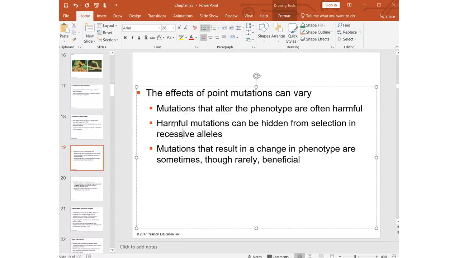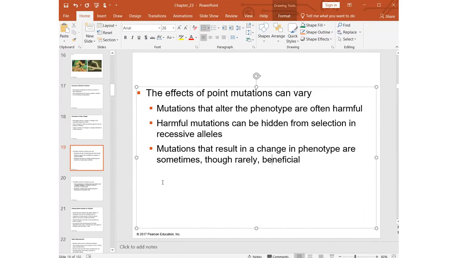So that's why they say harmful mutations can be hidden from selection if they're recessive. Mutations that cause a change in the phenotype are sometimes, admittedly rarely, beneficial. So there are a lot more harmful mutations than beneficial mutations. But natural selection is sorting them out as much as it can.